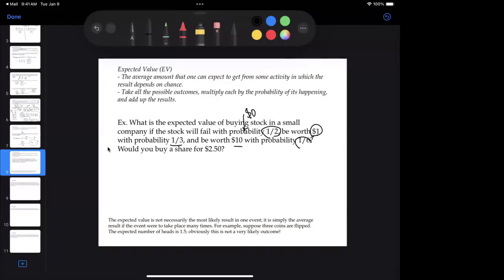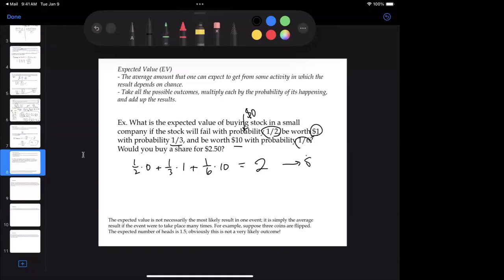So just doing the math, I'm going to get 1/2 times 0 plus 1/3 times 1 plus 1/6 times 10. Does that make sense? And this total gives us $2.